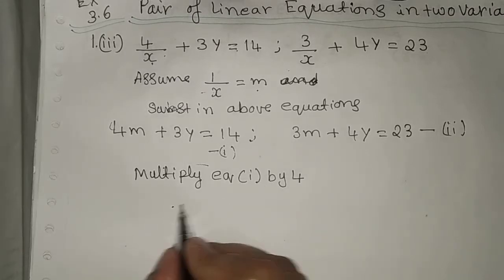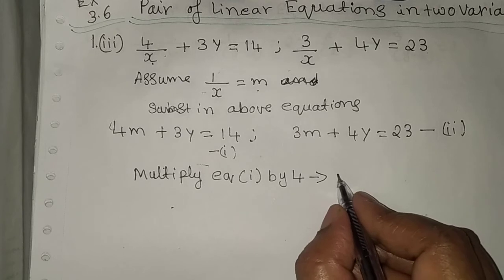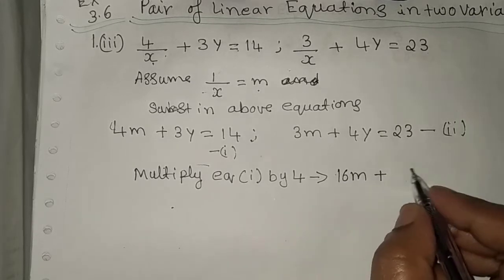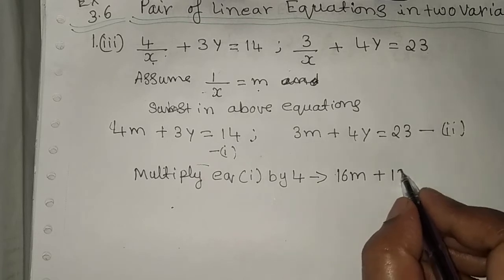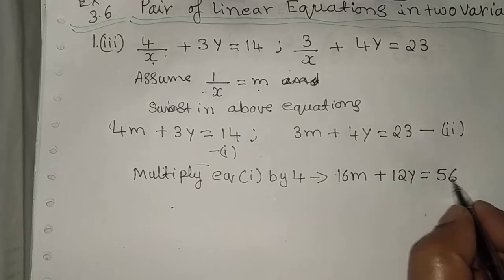So this becomes 16m plus 4 into 3, which is 12y, is equal to 14 into 4, which is 56.